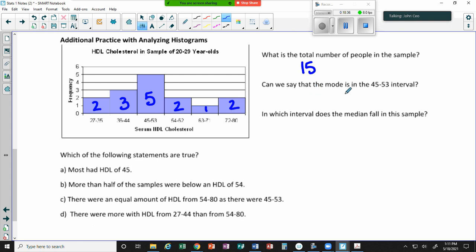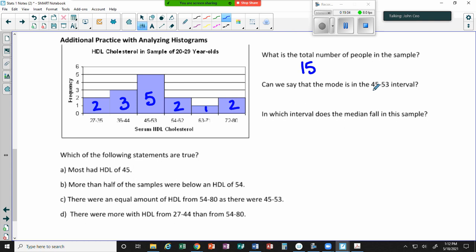Can we say that the mode is in the interval from 45 to 53? You have to be very careful with this. The mode is the most frequently occurring individual piece of data. Yeah, because that is from 45 to 53, right? Yep. Okay, generally the mode is one number, right?